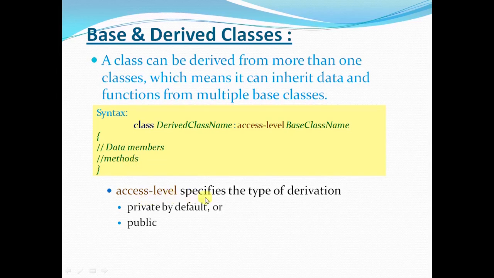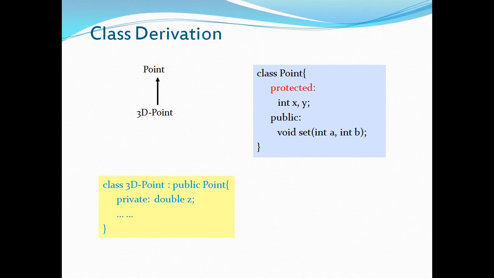The access label specifies the type of derivation, private by default, or public. This is a class derivation figure, and in this figure we have two classes. One is the Point class and the second one is the 3D Point class. Point class is a base class and 3D Point class is a derived class.